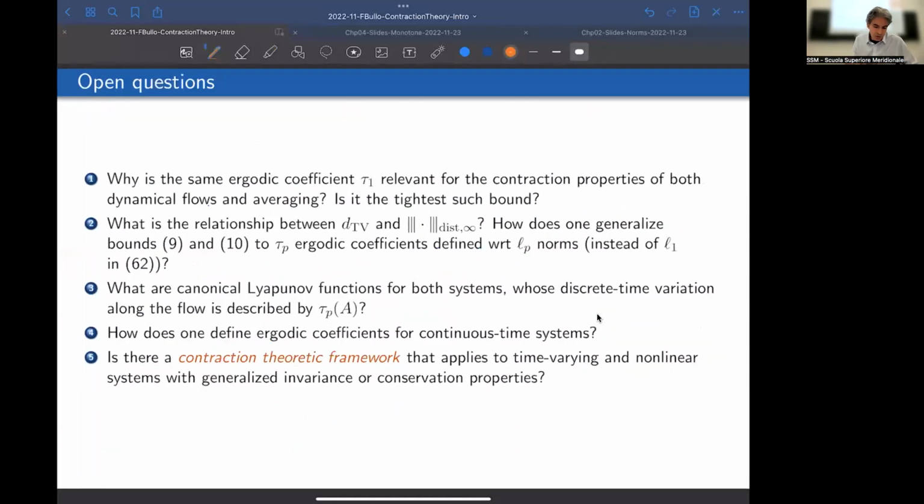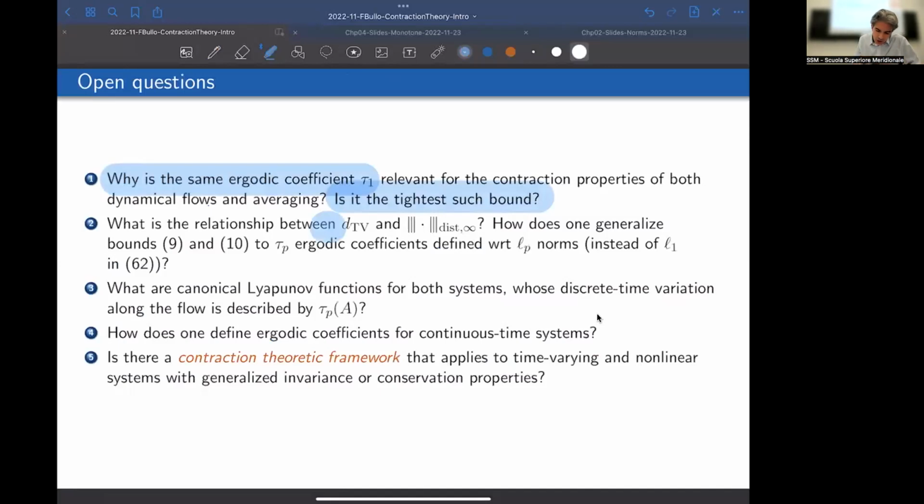All right. So random questions that one can come up with are: why is the same ergodic coefficient appearing in both cases? By the way, is it the tightest bound? Because the induced matrix norm is the smallest such number, right? When you do the induced norm of a matrix, it's the tightest number that makes that true. And I also told you the same was true for the log norm, right?